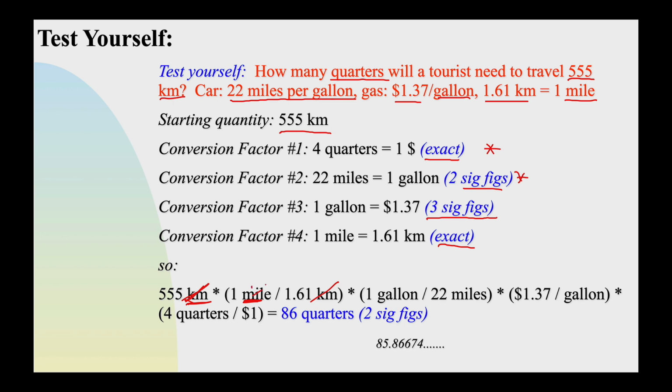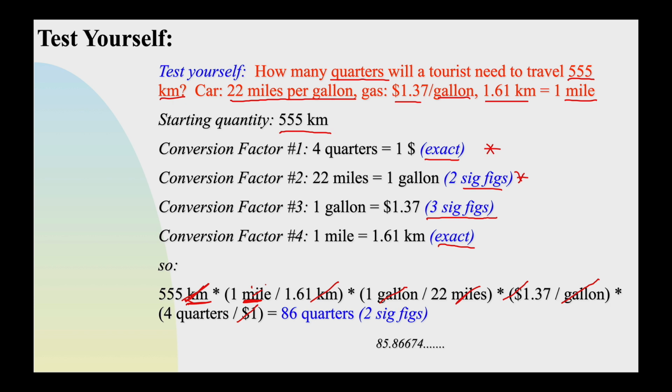Mile on the top cancels miles on the bottom, and now we're in gallons. $1.37 is the cost per gallon of gasoline. Gallon on the bottom cancels gallon on the top. And then finally, the dollar on the top is canceled by the 4 quarters per dollar. So in your calculator, go 555 divide 1.61 divide 22 times 1.37 times 4.